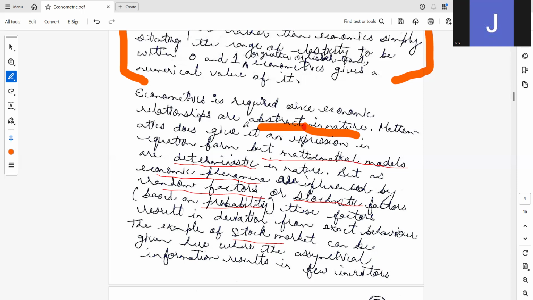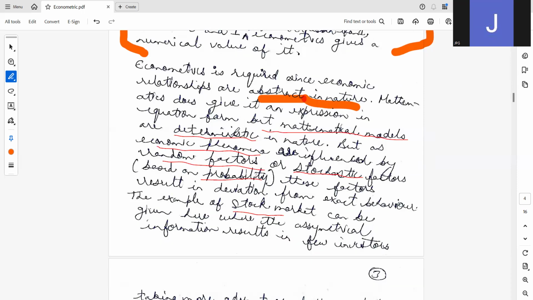That is an idea. In reality, you may not have it. When you are taught in school, you are told about a happy family, but it is not necessary that a happy family actually exists. You can have a beautiful relationship with your mother, or you may have a bitter relationship with your mother. So that is reality. Okay. So econometrics is required since economic relationships are abstract in nature.